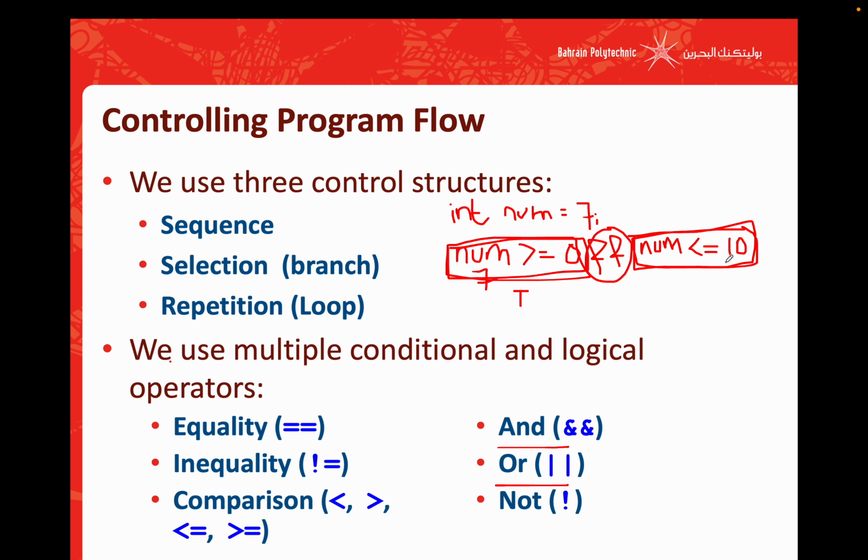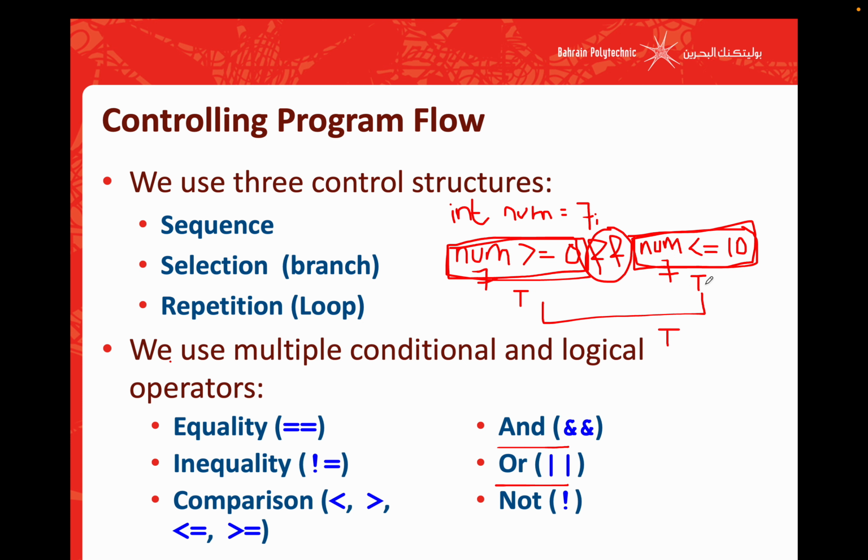Then num is less than or equal to 10, which is 7 is less than or equal to 10. So in that case, this condition becomes true. So AND will give you the final result, which is if both the conditions are true, so in this case both the conditions are true, AND will return true.